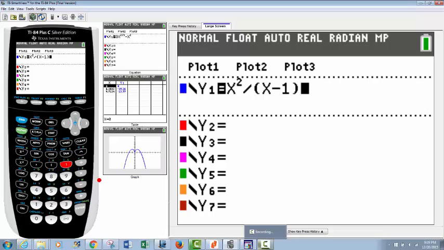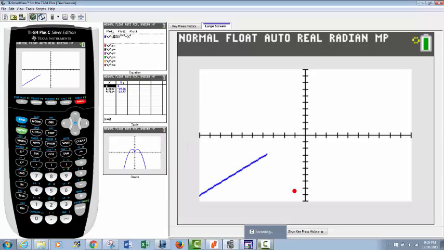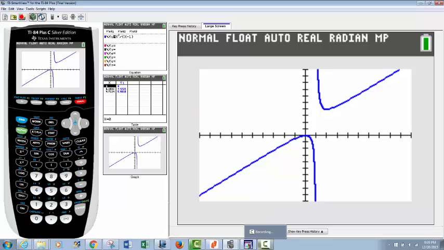All right, let's see if we have to change the window. We may not need to. I think that'll be just fine.